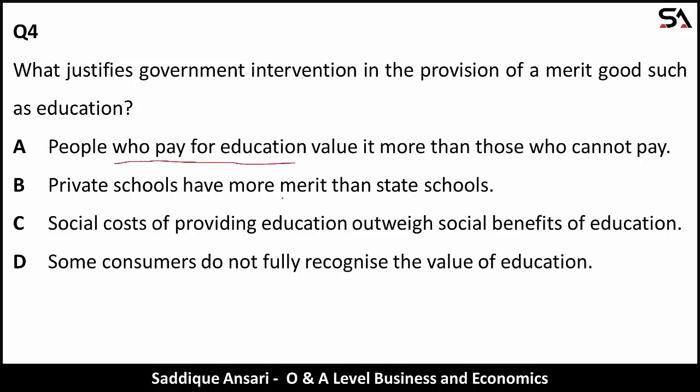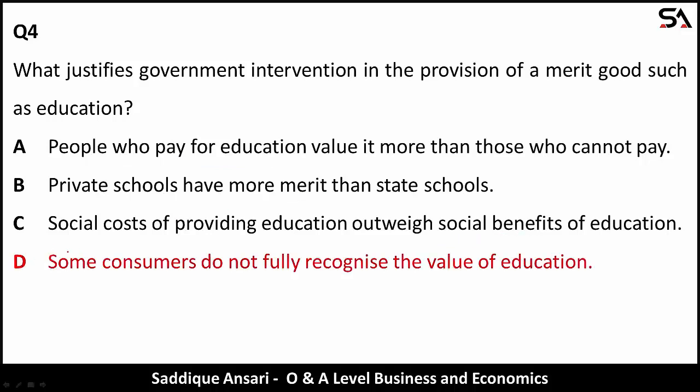Merit goods have nothing to do with merit. Social costs of providing education outweigh social benefits. That's also wrong because for merit goods, social benefits are more than social costs. Some consumers do not fully recognize the value of education. That is consistent with merit goods because consumers do not fully understand or estimate the benefit of merit goods. So D is the correct answer.